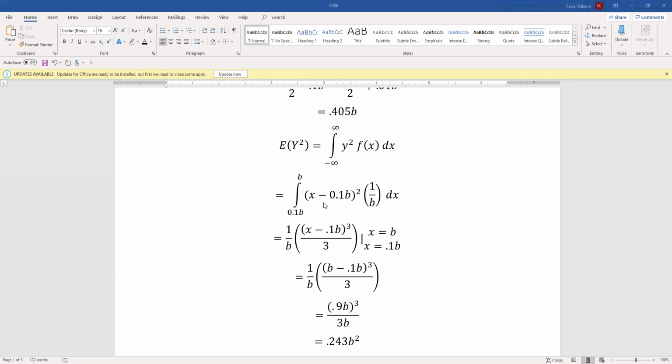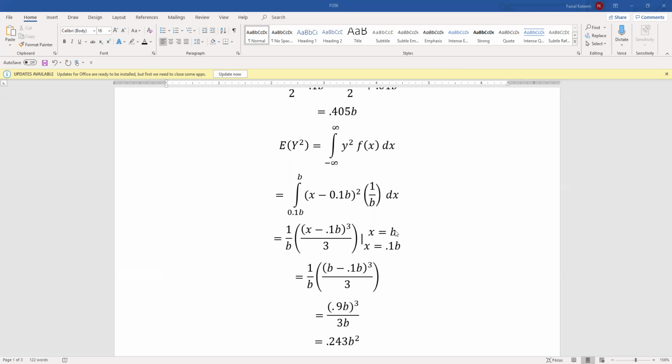We don't really need the U substitution here because X coefficient is 1, and it's a linear function of X on which you have a power sitting. So you can just apply power rule to it as if this was just one single variable. So (X minus 0.1B) cubed by 3. And the 1 over B I pulled out. And the limits are 0.1B to B.